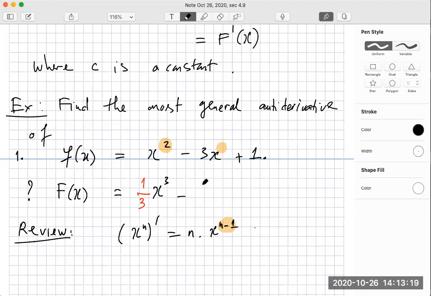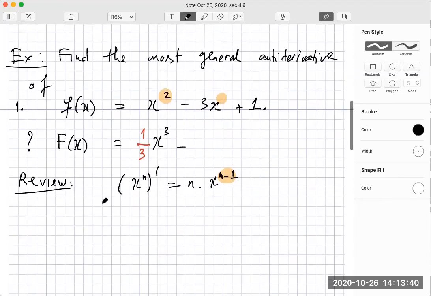So Gary, can you guess what would be the antiderivative of 3x here? Louder, please. One third?